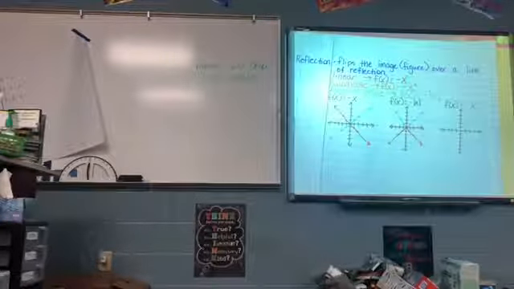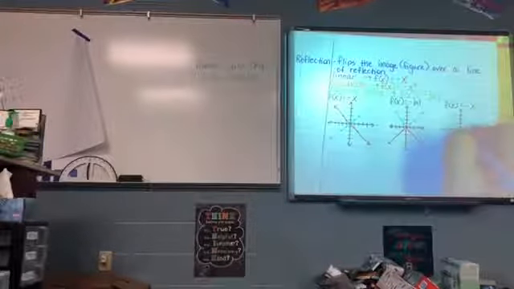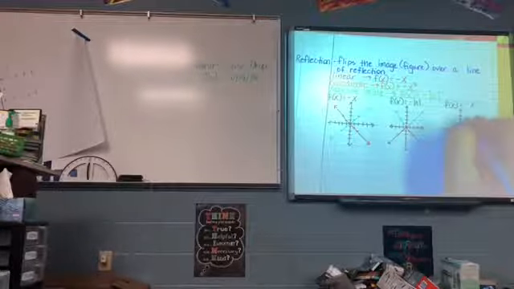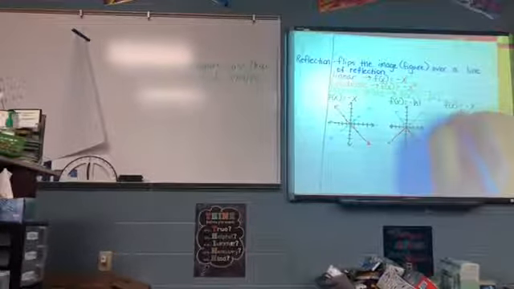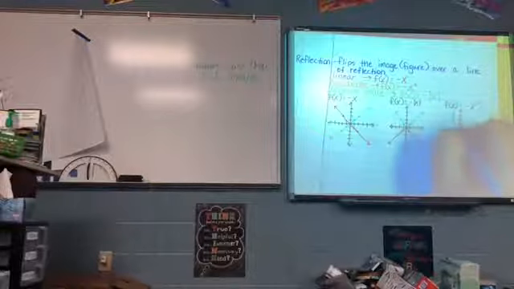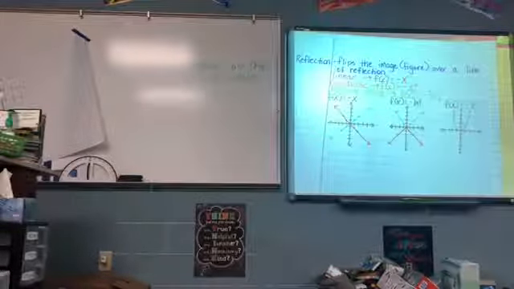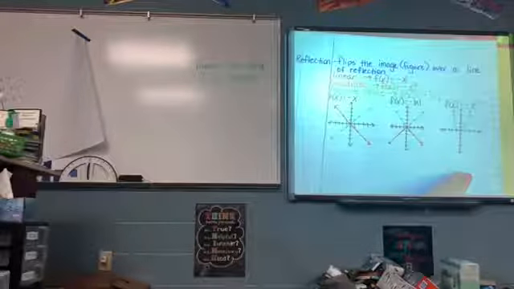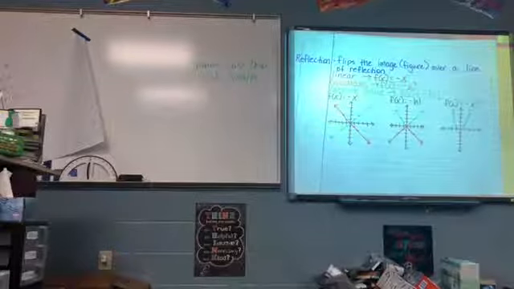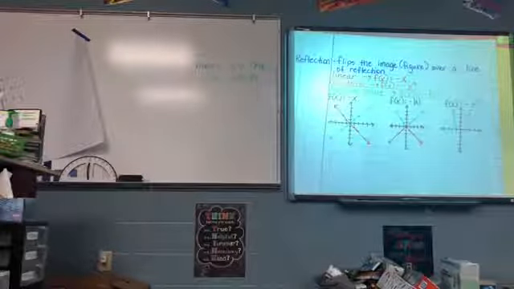All right, again, I'm going to sketch the parent function. So, if the V turned upside down, what do you think the parabola is going to do? That's it. It's turning upside down also. It's reflecting across that x-axis.